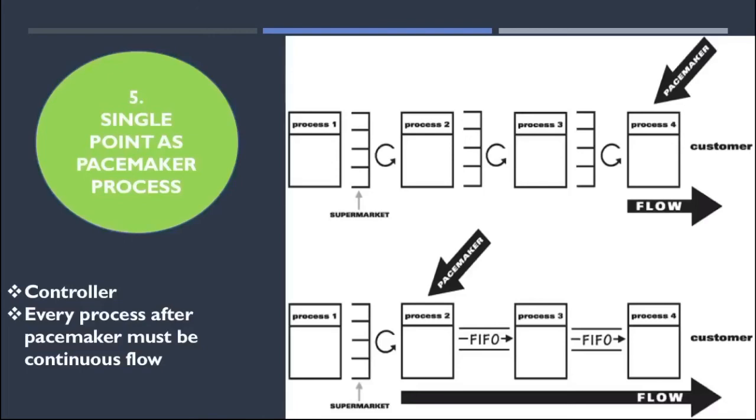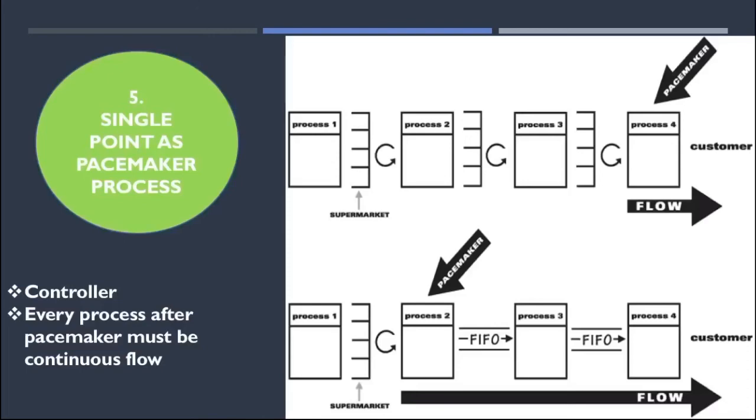However, in the second diagram, after process 2 there is no supermarket, meaning a first in first out FIFO lane is there, so there is no inventory stock in between the processes. So we can make process 2 the pacemaker, the leader that controls the whole process after it. However, we cannot make process 1 the pacemaker because there is inventory.